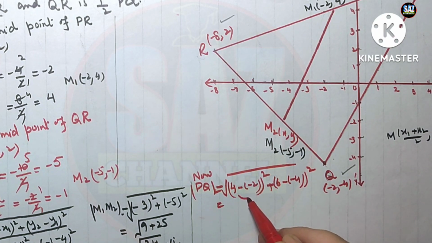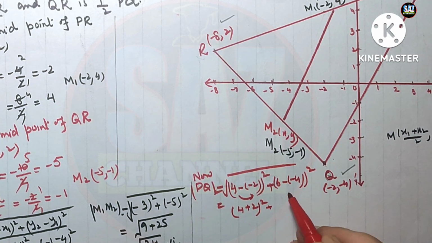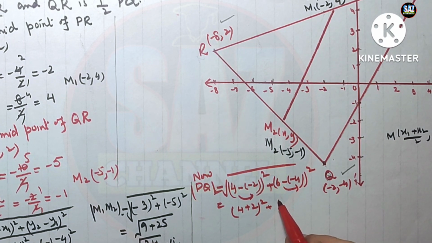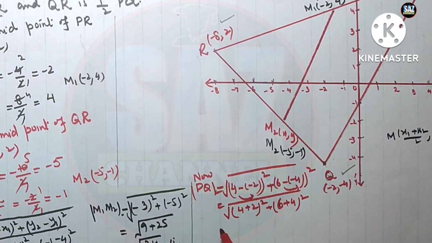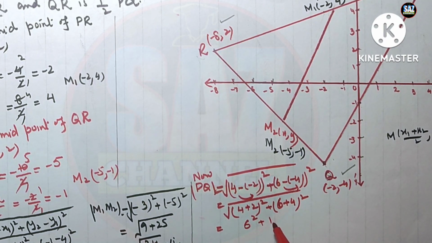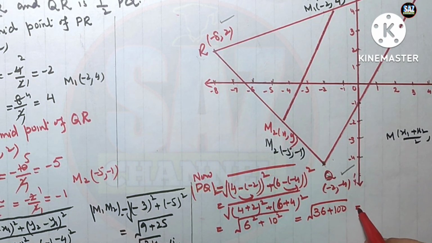This will become, minus multiplied by minus is plus, (4 plus 2) whole square, and this is again 6 plus 4 is 10, (6 plus 4) whole square under the root. I am going slow so that students can understand this question easily. 6 square plus 10 square, this will give me 36 plus 100, which is 136.